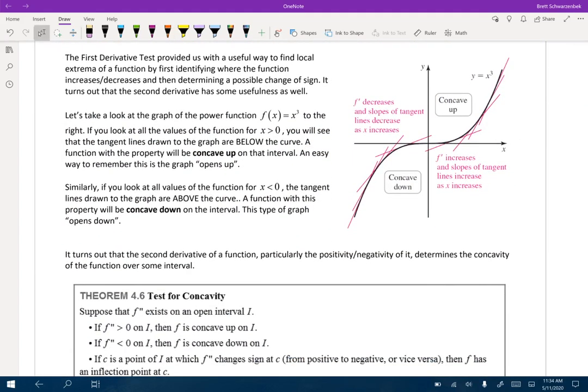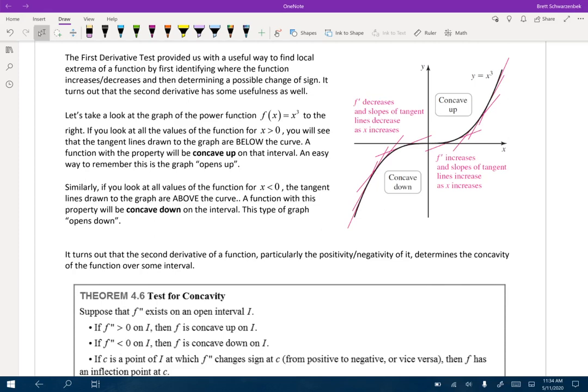Okay, the analyzing of increasing and decreasing functions and identifying local extrema is only the first half of the process, believe it or not. The ultimate goal is to be able to hash out a graph and determine what it looks like from scratch without plotting points or having a graphing calculator.